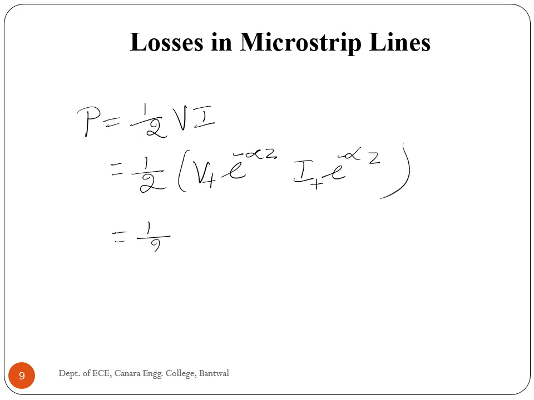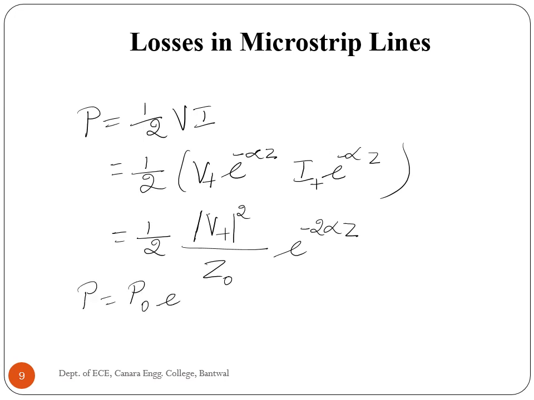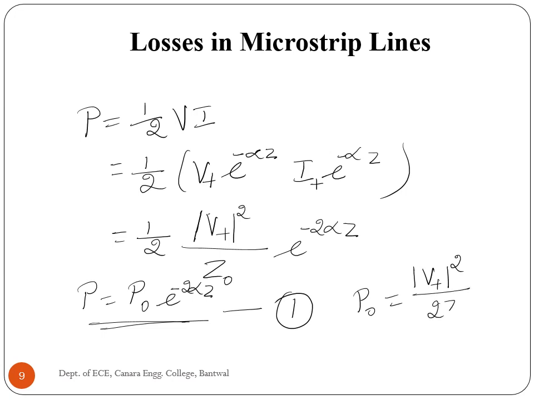So half into magnitude of voltage squared divided by Z0, e to the power minus 2 alpha z. Therefore, P is equal to P naught e to the power minus 2 alpha z, where P naught is equal to square of V divided by 2 Z naught, the power at z equal to 0.